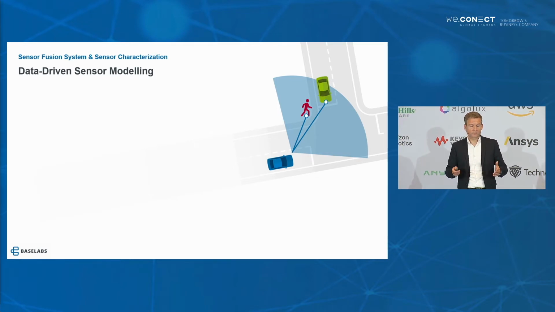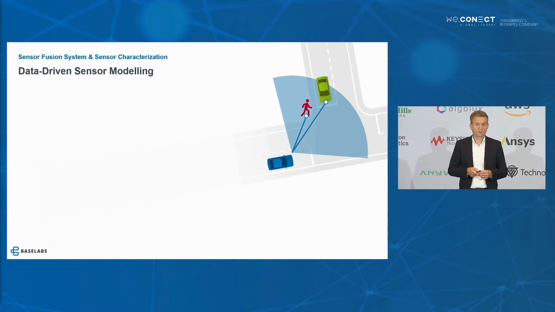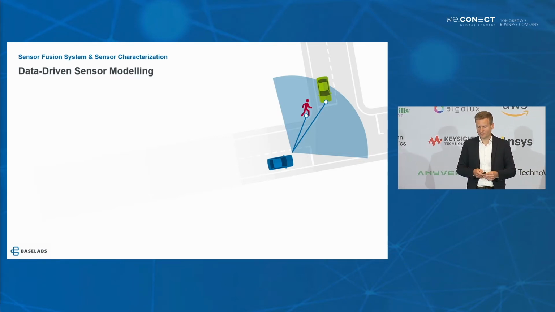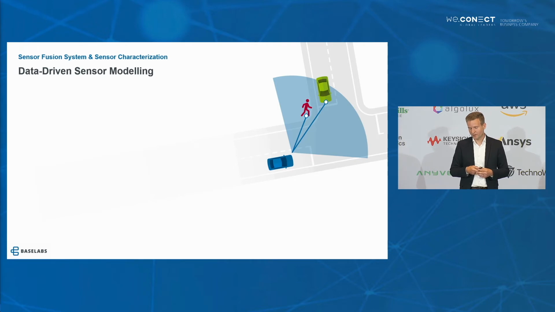So the developer wants to see a histogram over the range error of the sensor. For that, he is using ground truth, converts it to an expected range measurement, and subtracts it from the range measurement of the sensor.